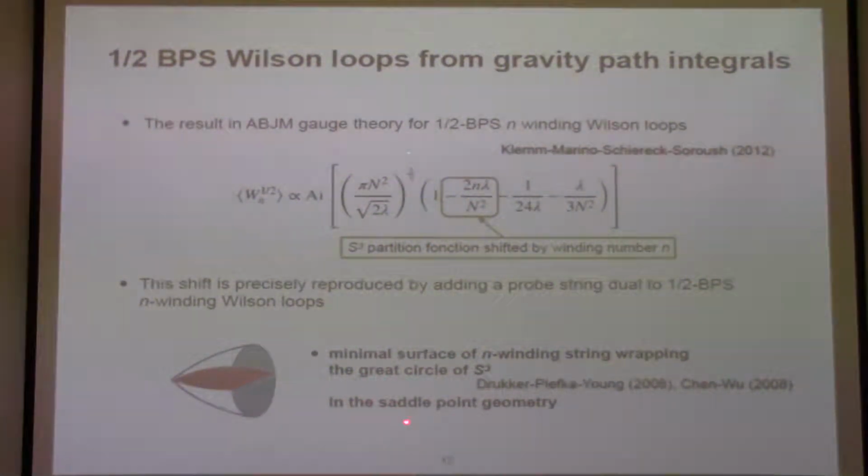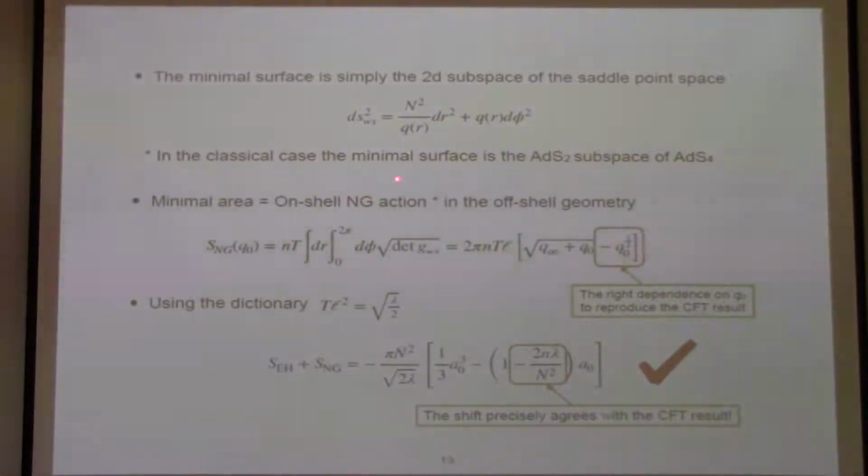And we do this not in the AdS geometry, but in the saddle point geometry we found. And the minimal surface is actually trivial. It's just a two-dimensional subspace of our saddle point geometry. And in the classical limit, or in the AdS limit, this is AdS2, which agrees with what we know.